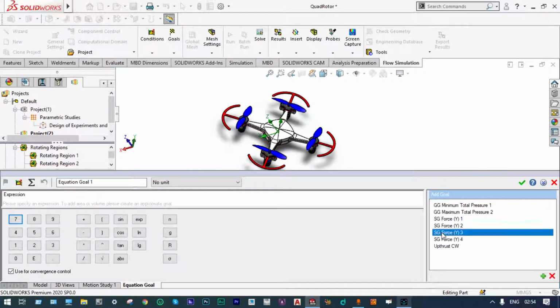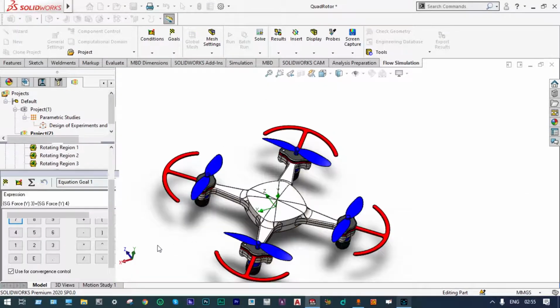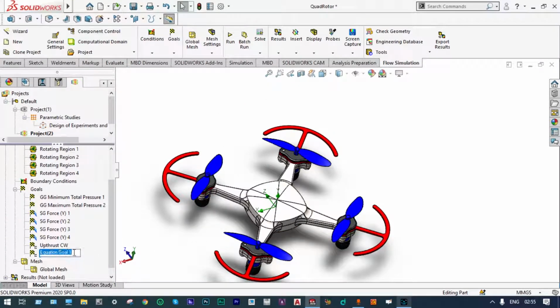It will be the surface goal of the third one plus the surface goal of the fourth one. Done. And we can rename this one as upthrust in counterclockwise direction.